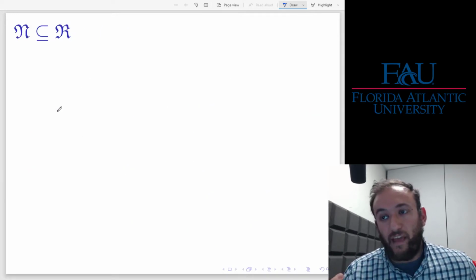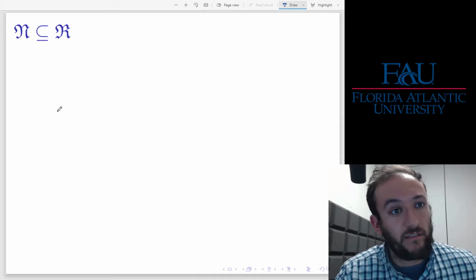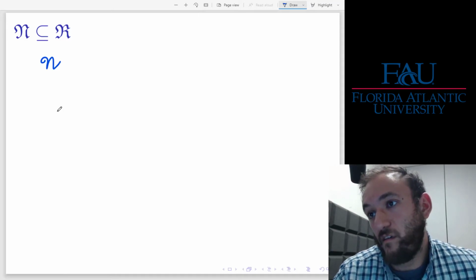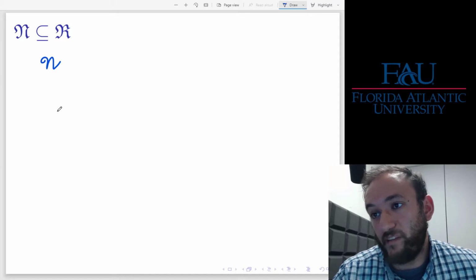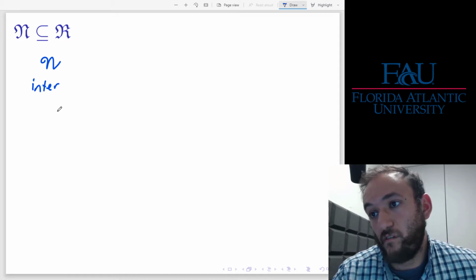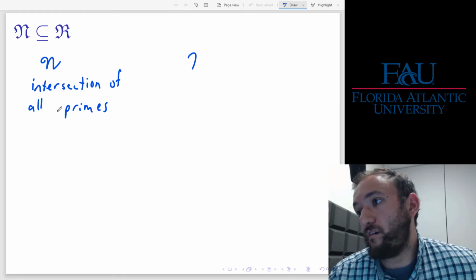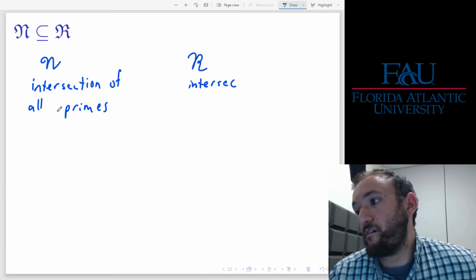As for whether N is contained in R, this is relatively straightforward. We know that N is the intersection over prime ideals, and R is the intersection of all maximal ideals.